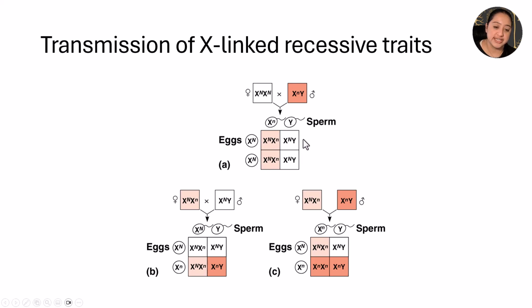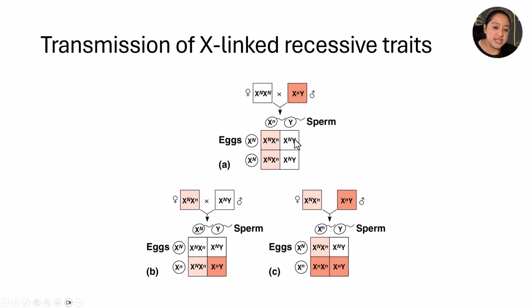So in this particular combination, this offspring could be heterozygous. This is female because there's two X. And because they have one dominant copy, they're not going to express that recessive allele, but they are carrying it. They're carriers. And then the same for this one. They are technically heterozygous, but they're going to be phenotypically normal because they have the normal, dominant allele.